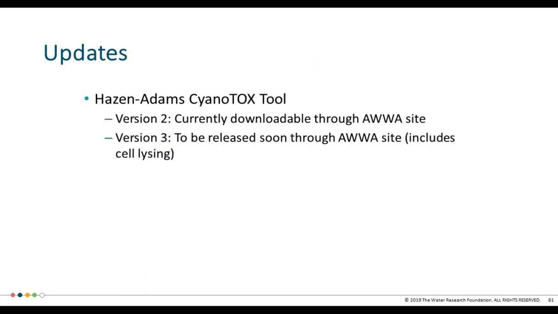Version 2 has been available for quite some time. Version 3, again, is being tested right now by others, and version 3 will be coming out shortly. With that, I'll turn it back to Jeanette to talk about some of the Water Research Foundation projects.